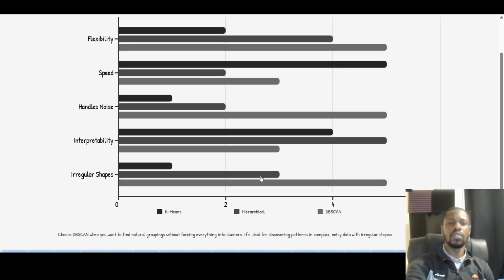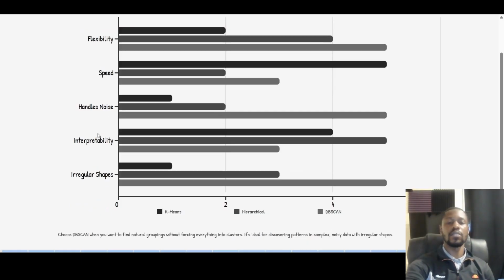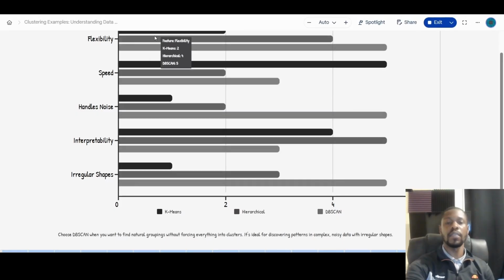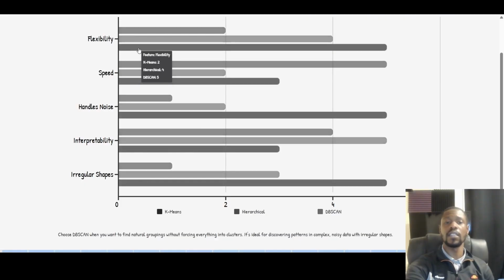Okay, and so choosing the right clustering method. You can see these are essentially the different properties that each clustering method has. K-means is the dark one here, hierarchical is the somewhat lighter medium grey, and density-based scan is the light grey.